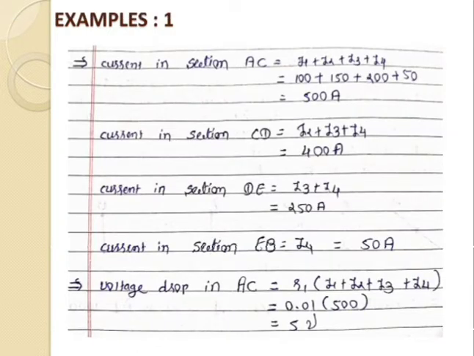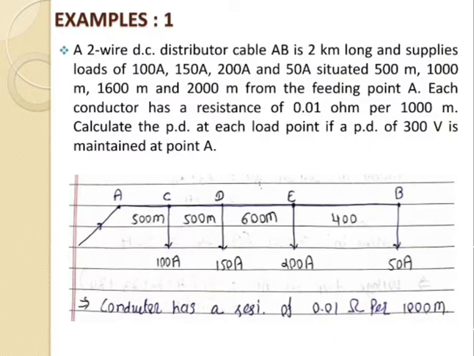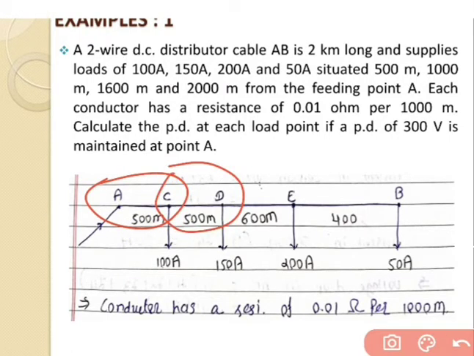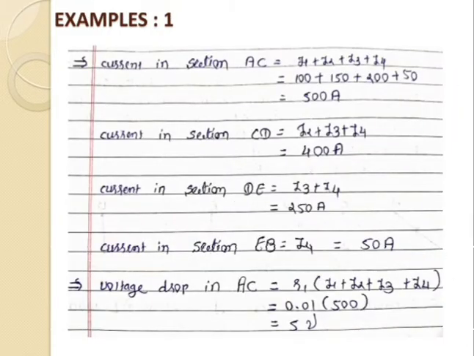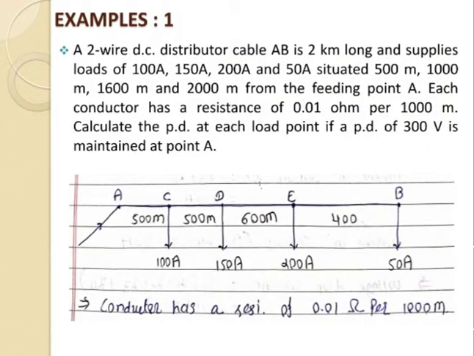Now go for step number 2, the current in the individual sections. There are mainly 4 sections: AC section, then CD section, then DE section, and EB section. So there are 4 sections in this DC distributor. Start with the maximum current flowing through the AC section.